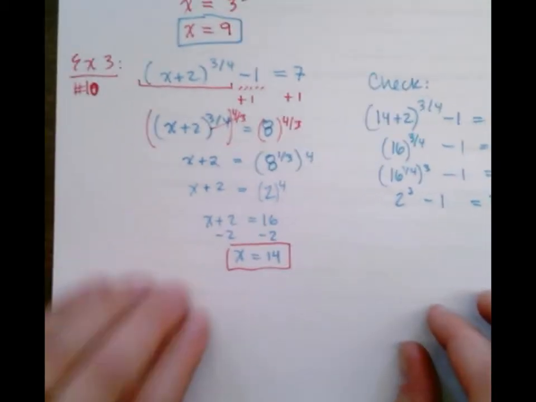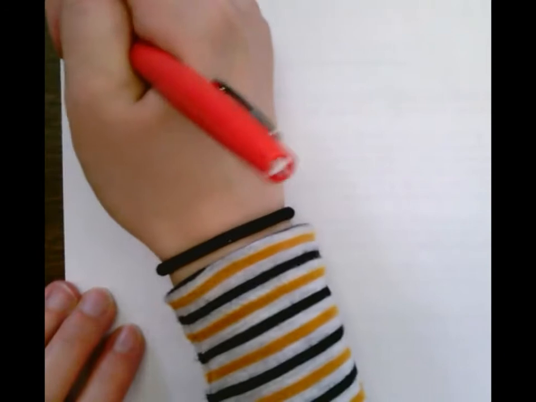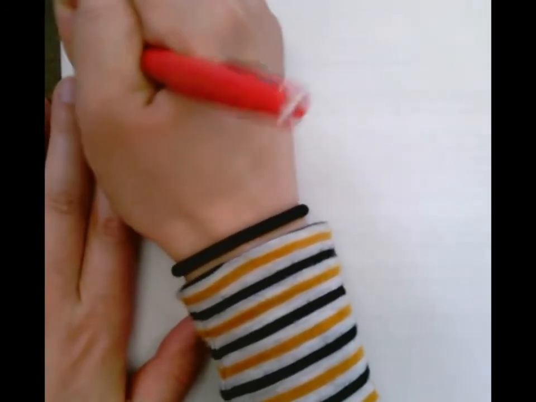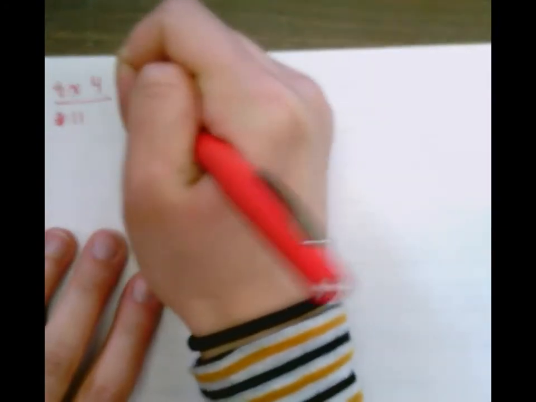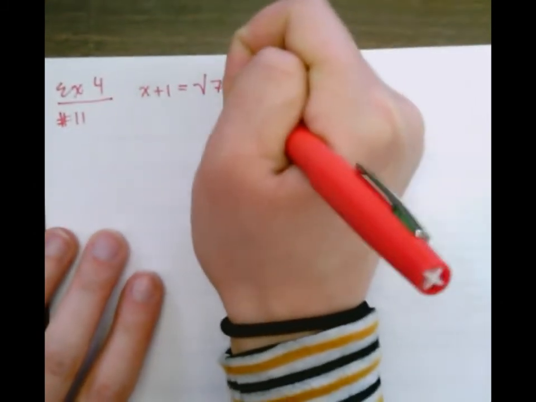Okay, so now for example 4, that is going to be number 11 on your worksheet, which is x + 1 is equal to the square root of 7x + 15.